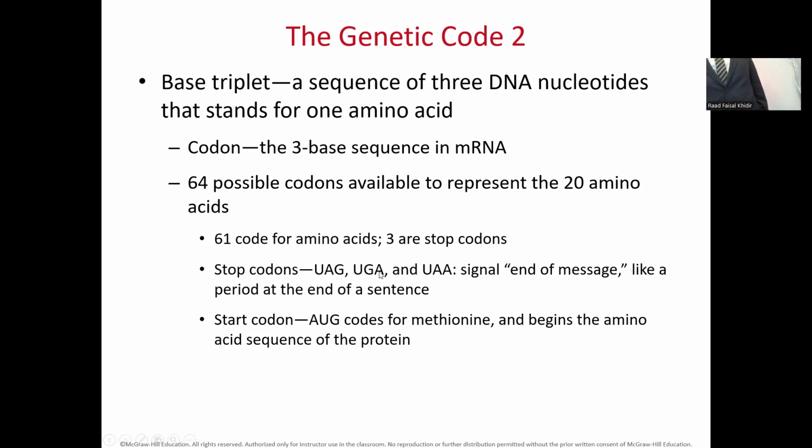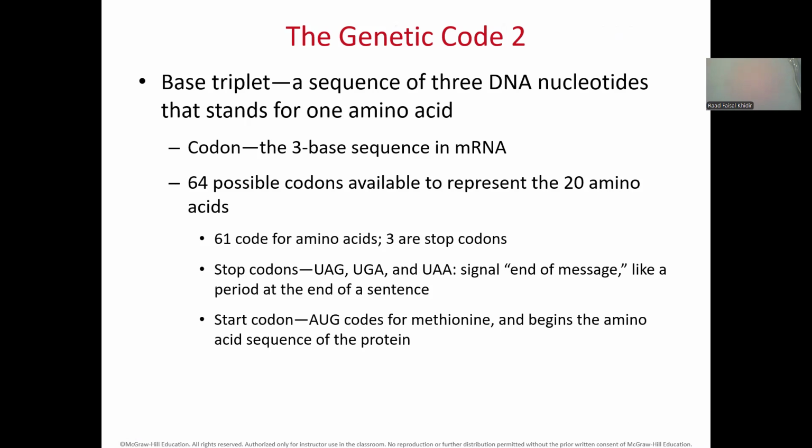You go away, you are away, you are gone: UGA, UAA, UAG. If your ribosome reads one of these, it stops, and we're not going to continue the translation.